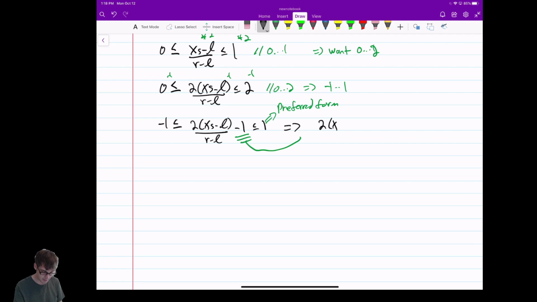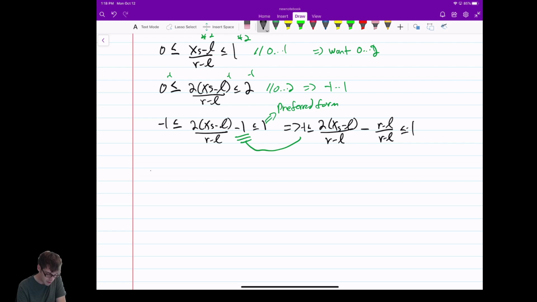So -1 less than or equal to 2 of xs minus L over R minus L. Now this -1, I'm going to change it to R minus L over R minus L. Okay, which is less than or equal to 1.